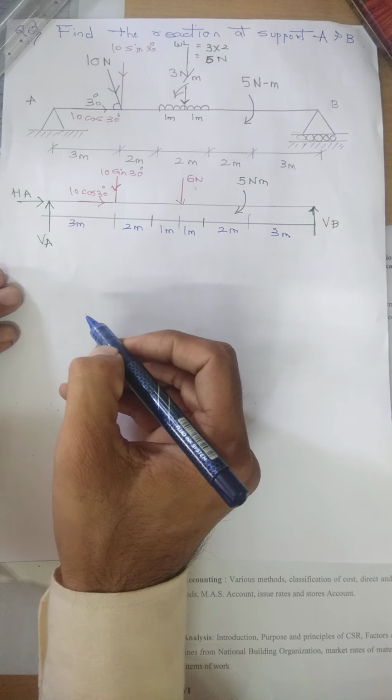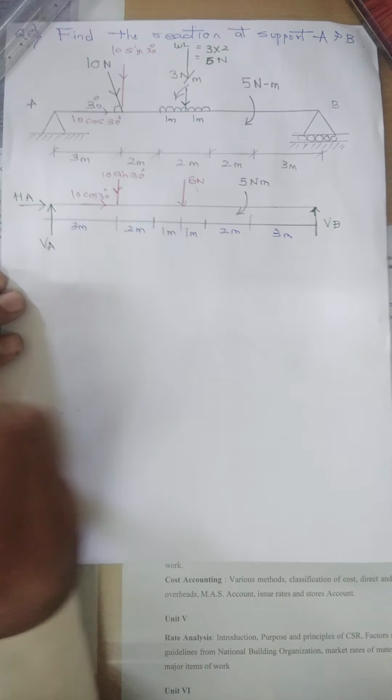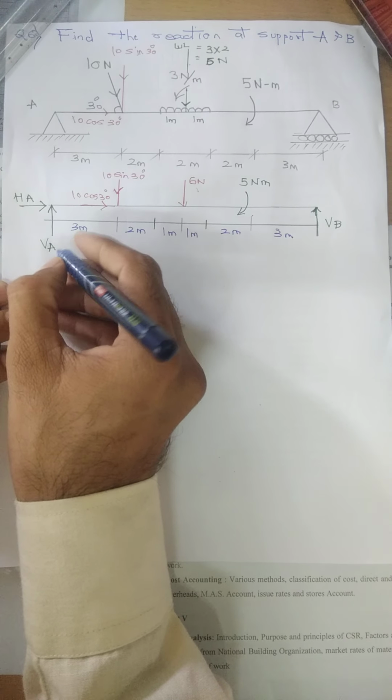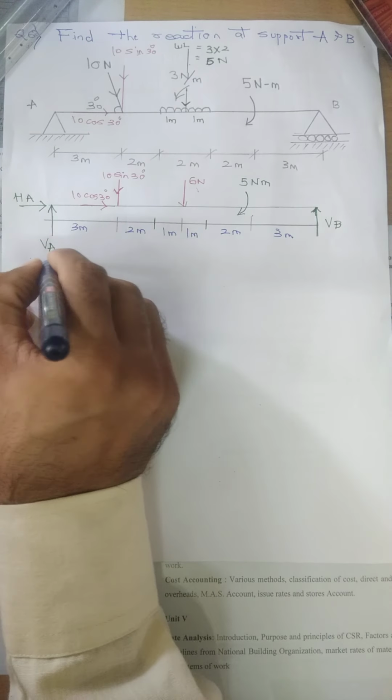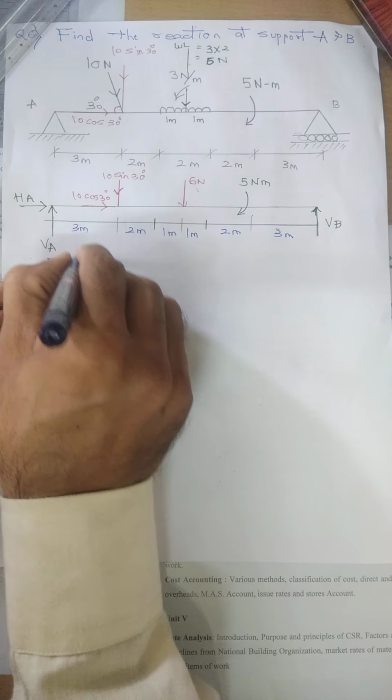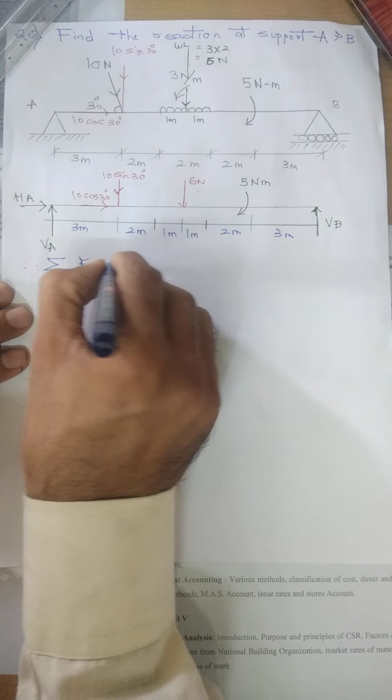So one by one we will find out the reactions. Again in the same pattern, in the same way. What are the different conditions? Fx equals 0, Fy equals 0 and moment equals 0. First we will take Fx equals 0, all horizontal forces equal 0.